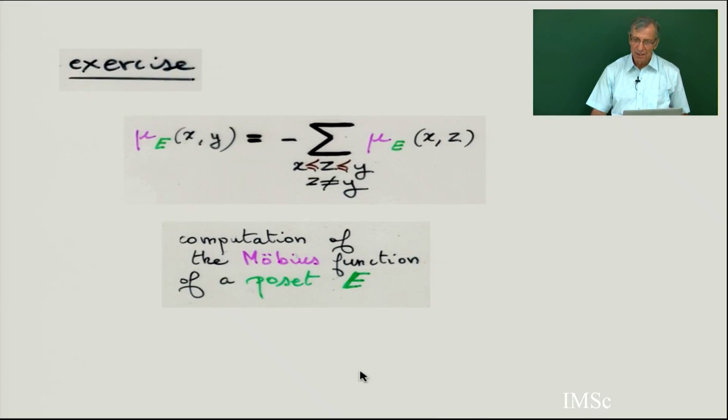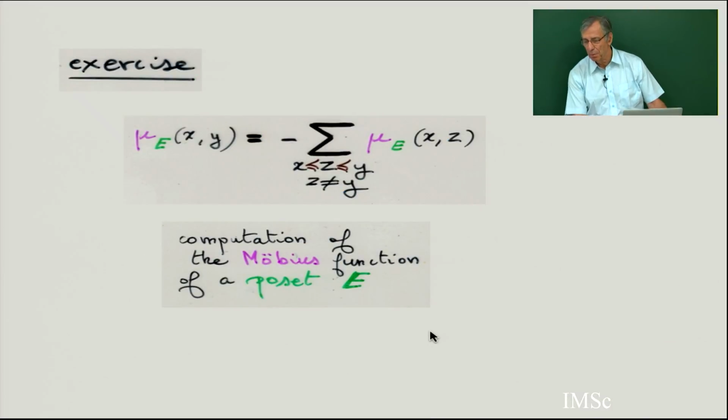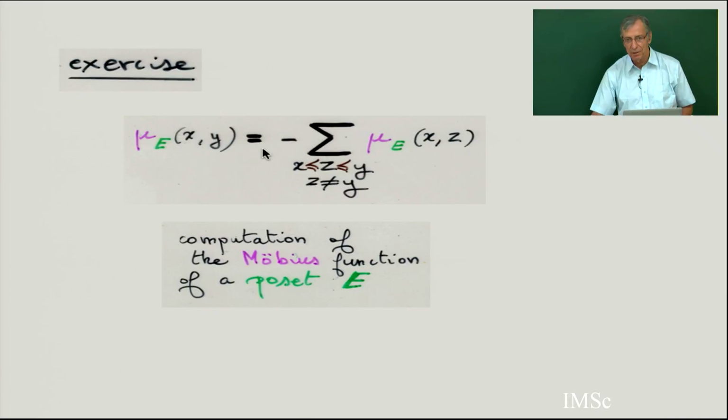So, exercise: you can compute completely the Möbius function of a poset by this relation. Prove that the Möbius function mu of xy can be computed by recurrence, if you know mu of xz for all the z less than y, between x and y. It's not a difficult exercise.